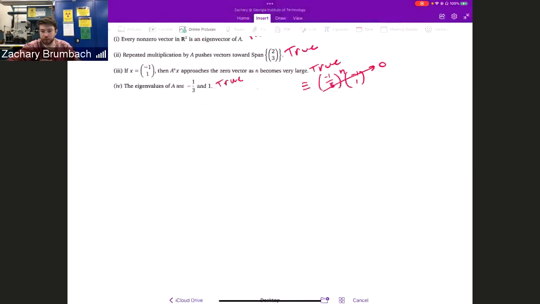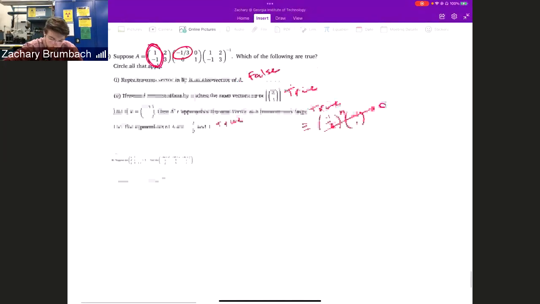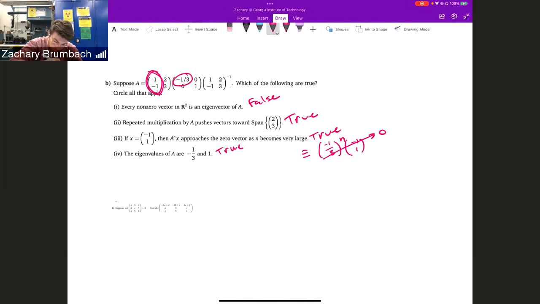And for going over 2 and 3 again: as multiplying by A to infinity happens, the 1/3 part goes to 0, and whatever component lies close to (2, 3) remains, because if we break it up, that component is just being multiplied by 1 every time, so that's what we tend to.